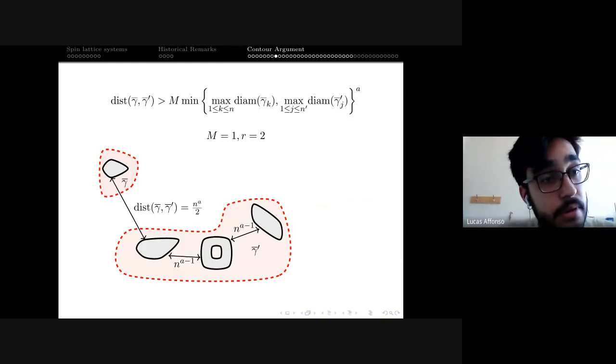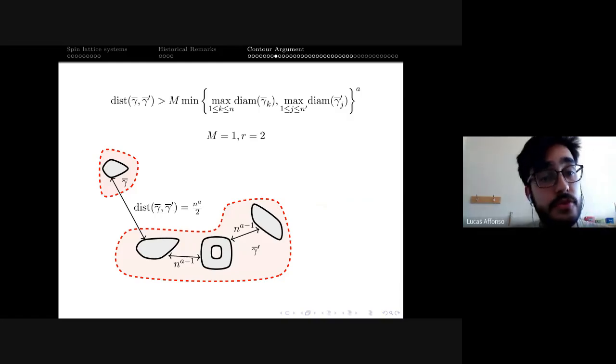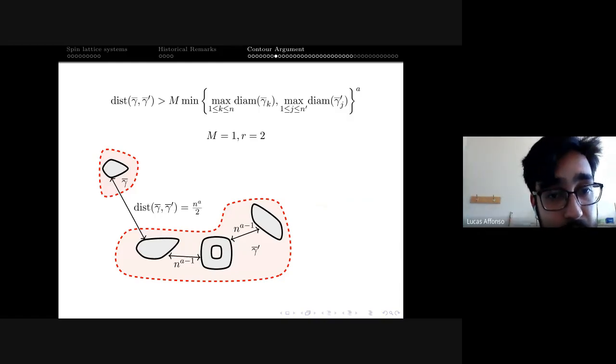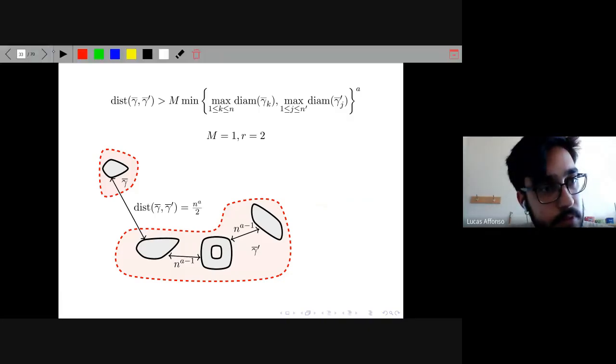We will think that all the connected regions have diameter n. For instance, we will choose m equals 1 and r equals 2. And in this case, if you try to make a partition, let me take blue.